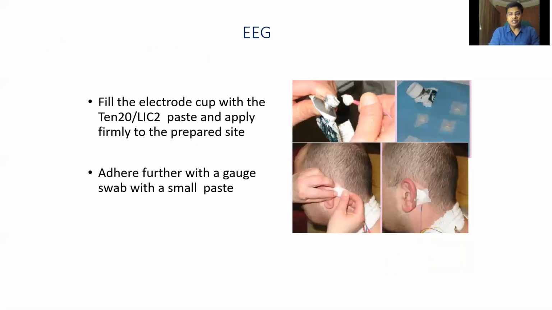Once you have cleaned it, you need to have a Lic2 cream or a 10-20 cream, and you have to have gold plated EEG electrodes ready. Then you need to place this cream on the patient's scalp, and then have the gauze ready. You just need to put on the cream, and that is it.